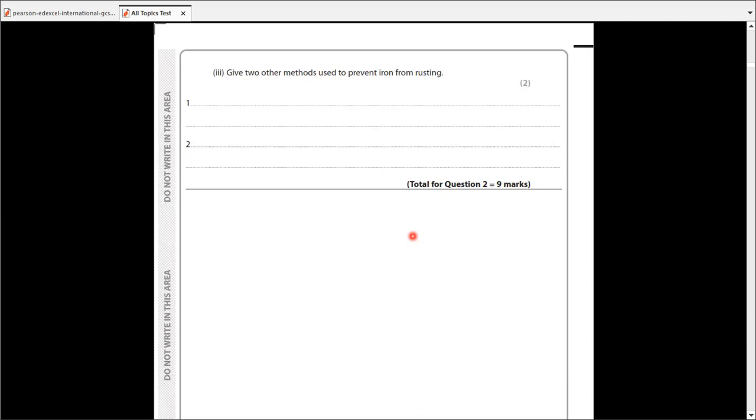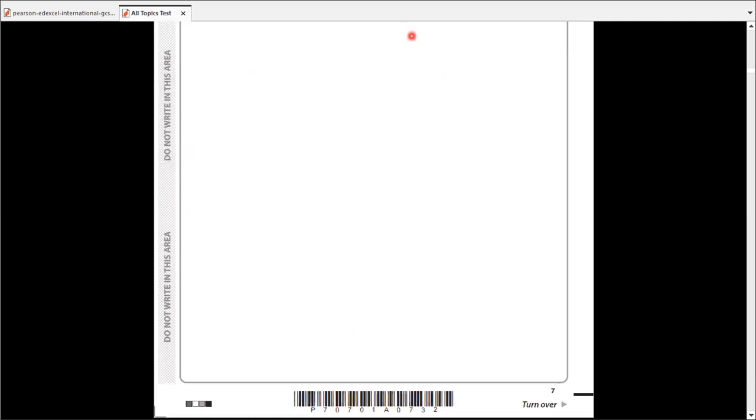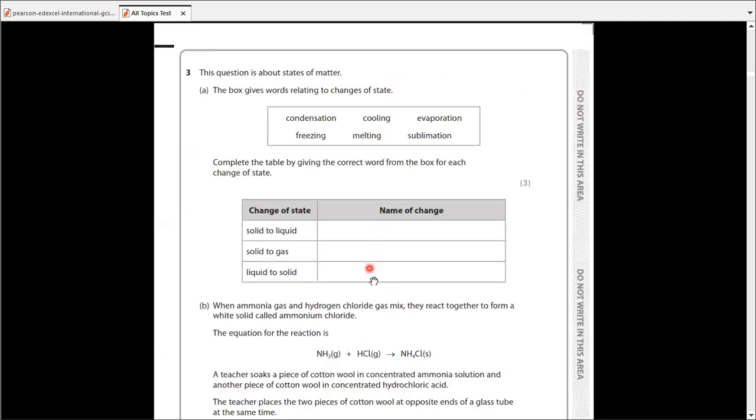Because if you annotate on mine, it won't be saved. As soon as I go to the next page, I might need to remove it. So doing it on your own copy is a better idea. Okay. So this finishes question number 2.